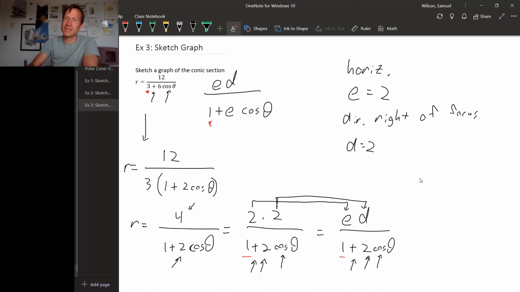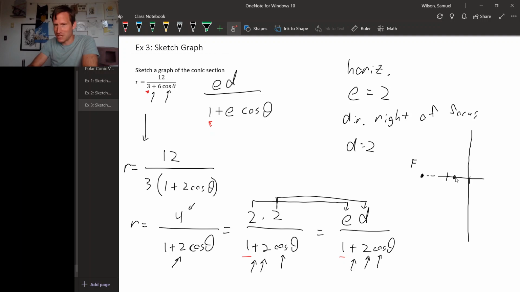All right, so now we can sketch our conic section. We'll have a focus. Our directrix is 2 units to the right. And to get a point in between, the distance to the focus should be twice the distance to the directrix.